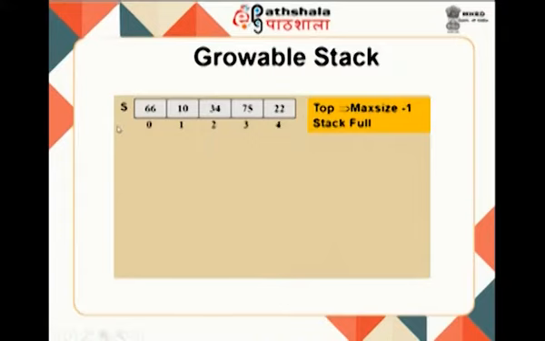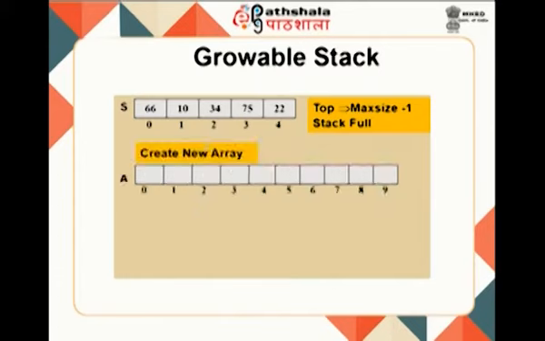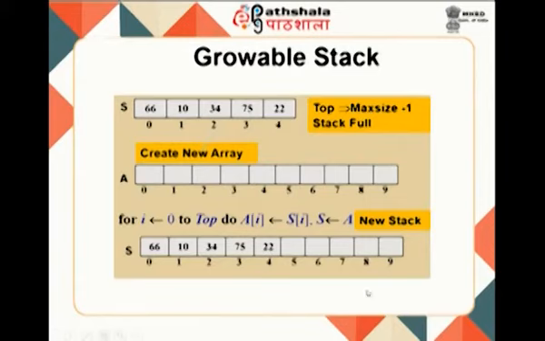Now, here we have a stack where the top is max minus 1. When the top becomes max minus 1, we know that the stack is full. Now, what do we do? We create a new array. The array that we have created, this is size 5, this is size 10. So, which means we have doubled, that is 5 multiplied by the constant 2, and increased the size of the array. Now, the next operation is a loop.